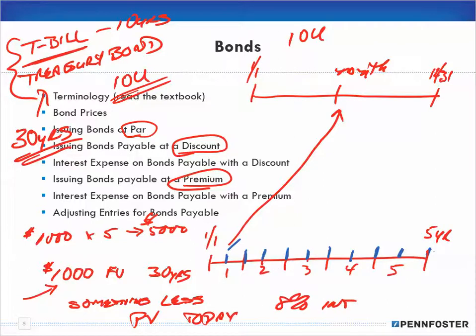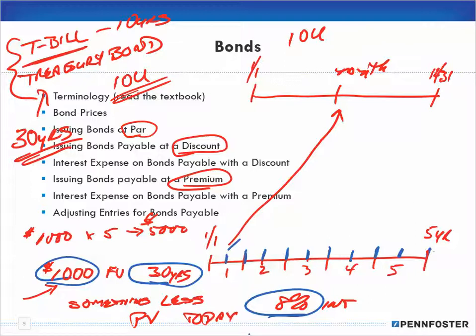Notice that we have three variables to pay attention to: the face value of $1,000, the term, which is 30 years, and the interest rate. Those are the major variables as far as a bond is concerned.